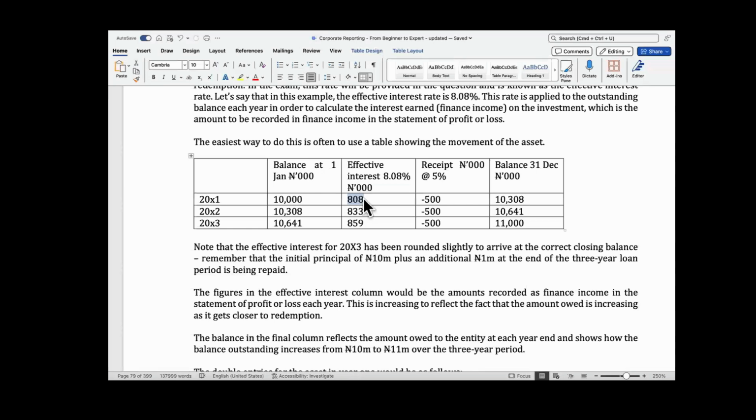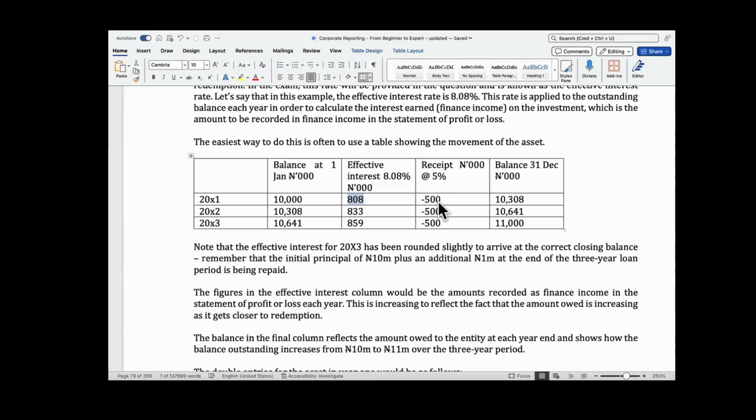However, at the end of the first year, these guys are actually going to pay us 5%. Don't forget that it's 5% they agreed. This one is just for accounting purposes, the accrual concept. The income you should put in your books is 808. But out of this 808 income, we are only going to receive 500.